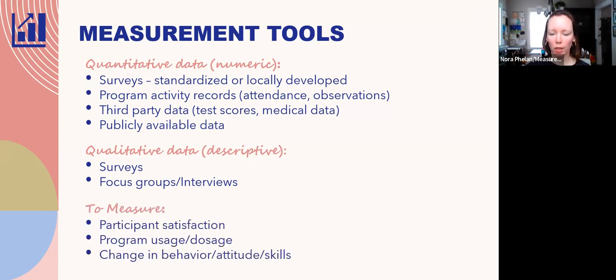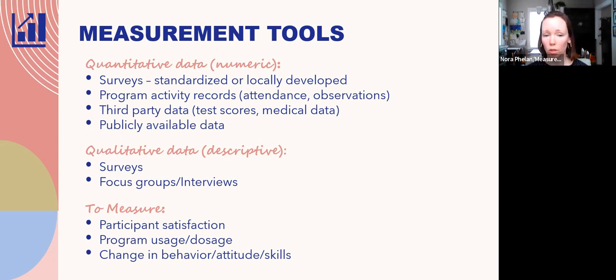And as far as the type of information you're likely to be measuring, there's participant satisfaction, which is always useful. It doesn't necessarily get to that change in behavior, but it can give you useful information about the program itself, the user experience, and what may be kept or changed based on that feedback.